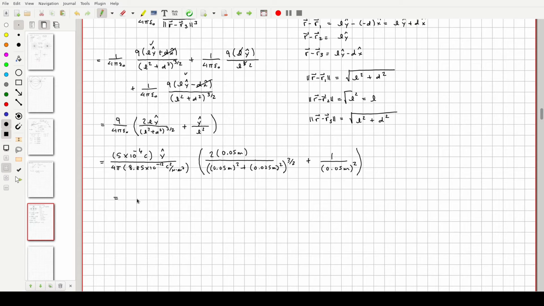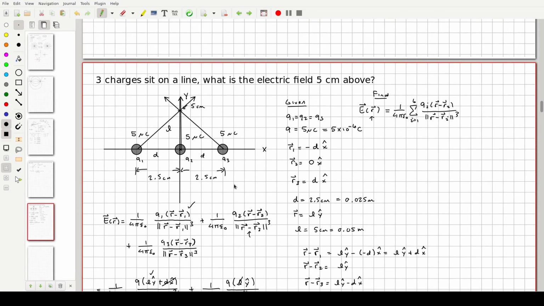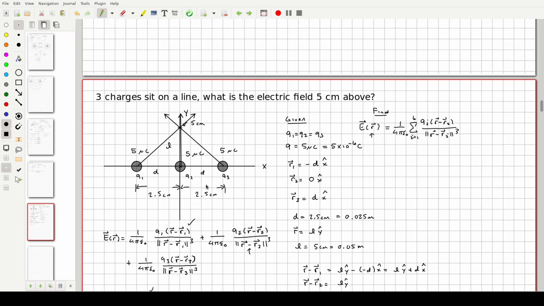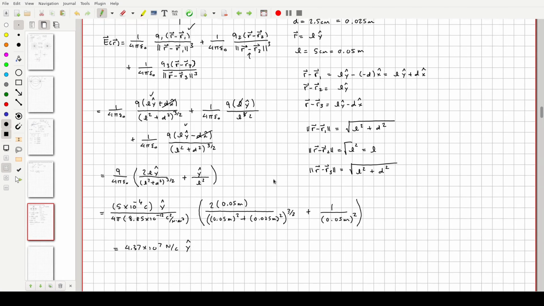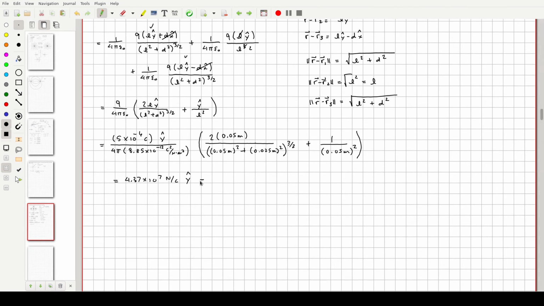And I get 4.37 times 10 to the 7th newtons per coulomb in the y hat direction. So if I were to keep sig figs here, there's 1 here, there's 2 there, there's 1 there, it's just 1. So something like 4 times 10 to the 7th newtons per coulomb.